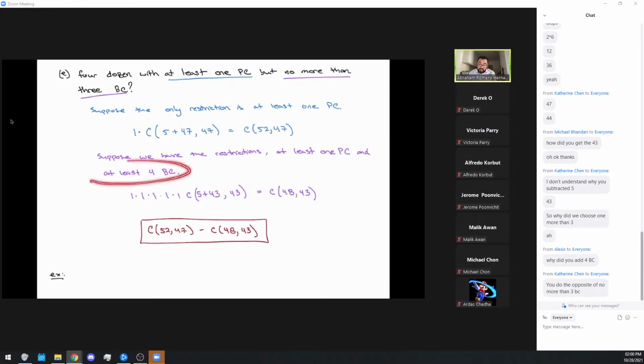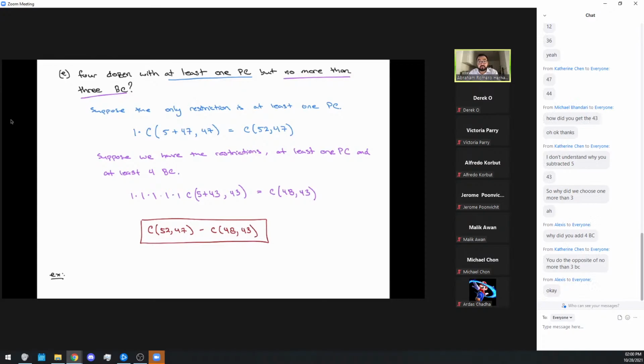I see what you're saying. Why am I saying at least 4 BC? Because it says no more than 3 BC. So what I'm doing is I'm subtracting the possibilities of having more than 3. So 4 and more. Because if I take away those possibilities from all the possible combinations, I'm going to get what I want: at least 1 plain croissant, but no more than 3 broccoli croissants. That's what I'm doing.